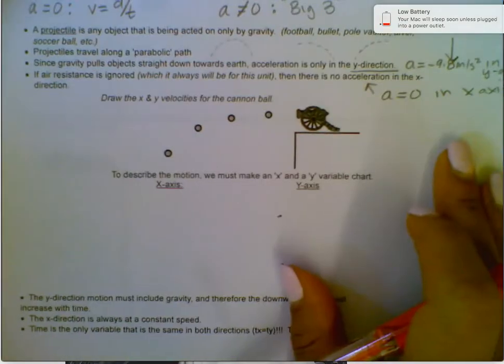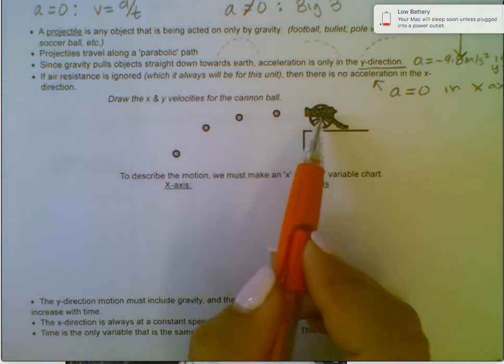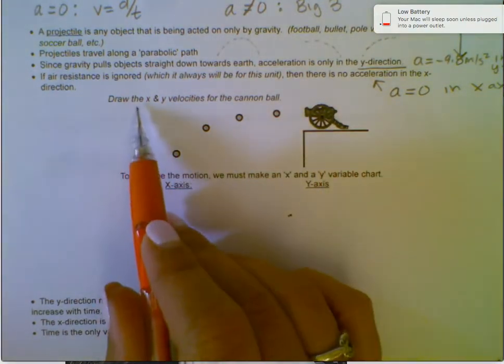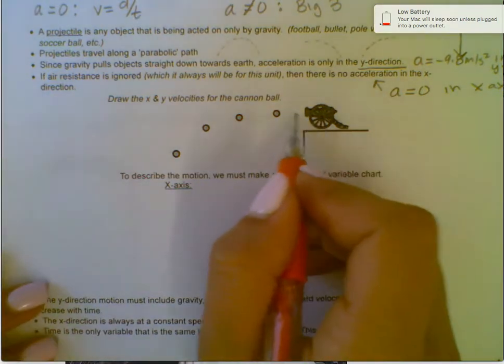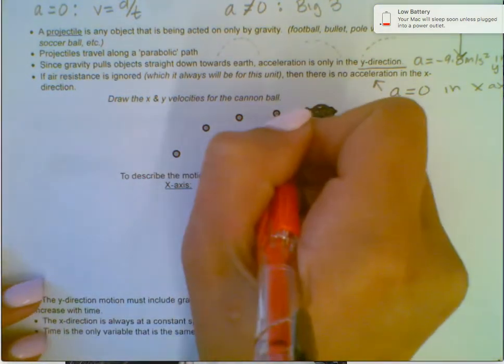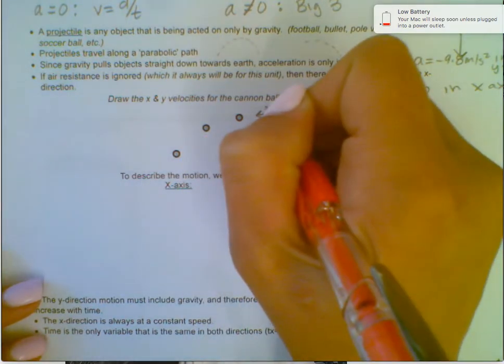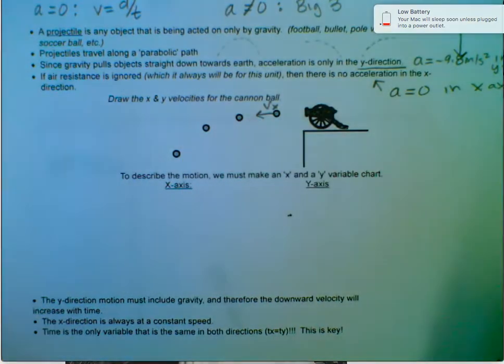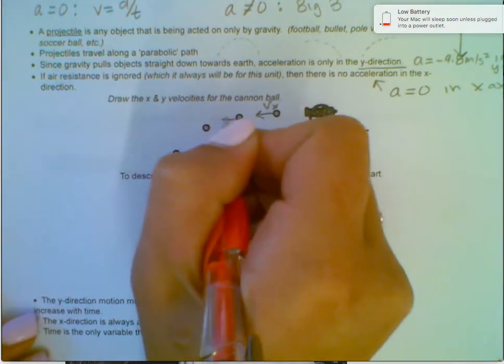I'm going to zoom in on this picture here so that we can get a good look at it. All right, so for this picture we have a cannon shooting a cannonball out, and we are going to draw the x and y velocities for the cannonball. Okay. So the cannonball gets shot out to the left, and when it first gets shot out, it is moving all in the x direction. So we're going to say that's the x velocity. Once gravity hits it, then it starts to move downward.